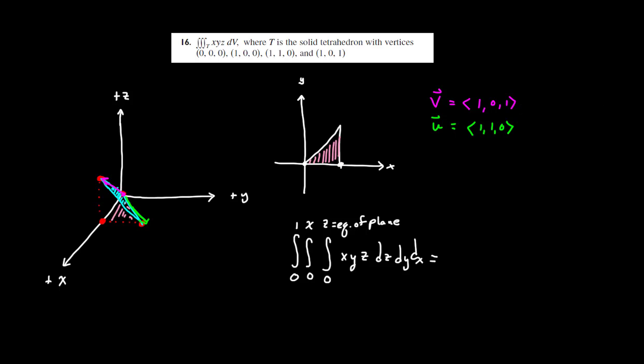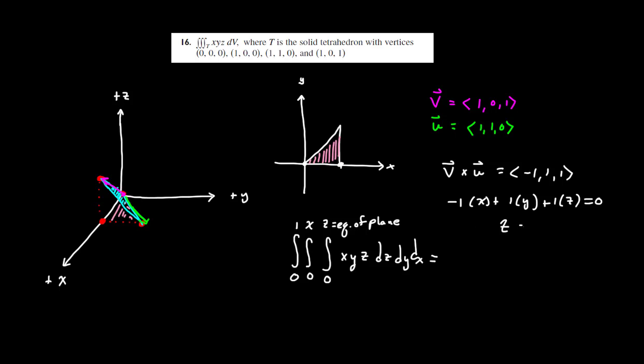Now, if I took the cross product of these two vectors, v cross u, well, that would give me negative 1, 1, 1. And then the equation of the plane is negative 1 times x plus 1 times y plus 1 times z equals 0, as I used the origin as the point.